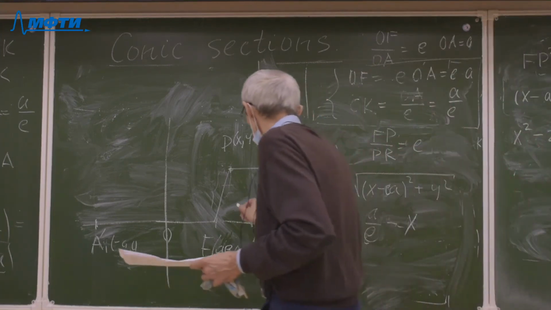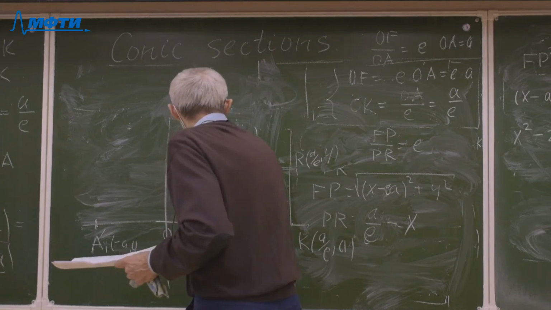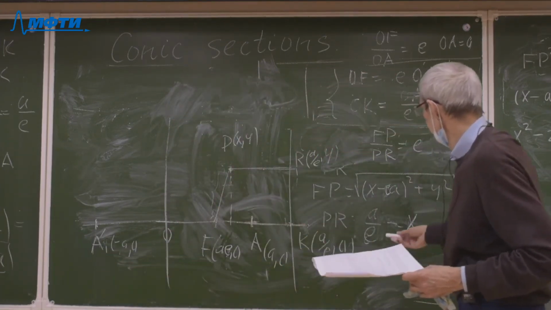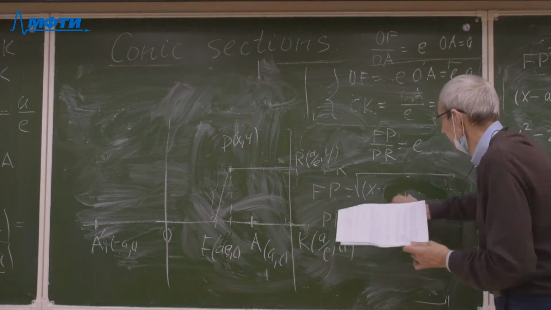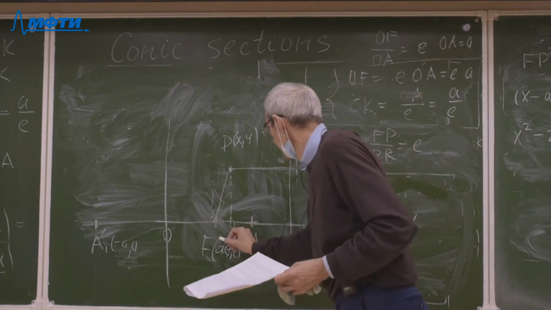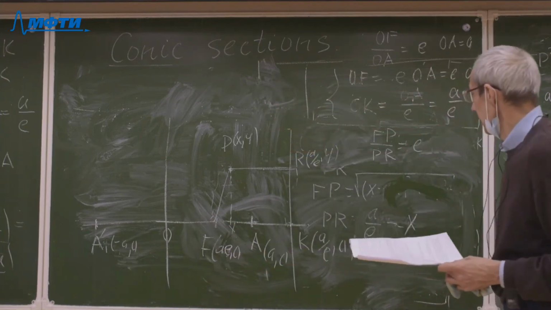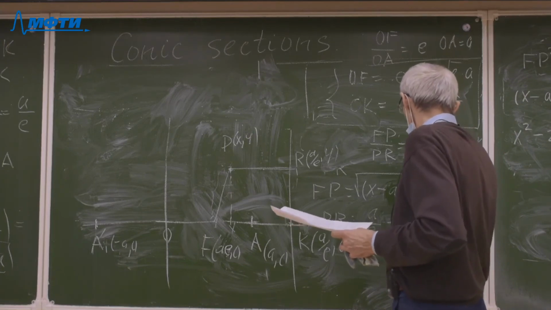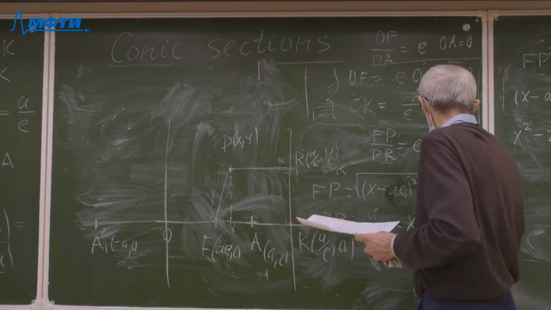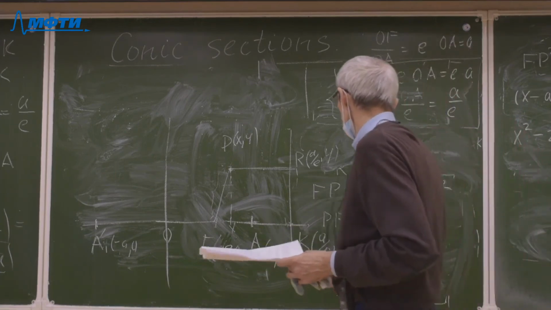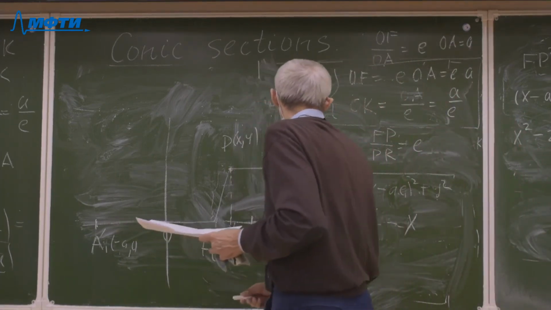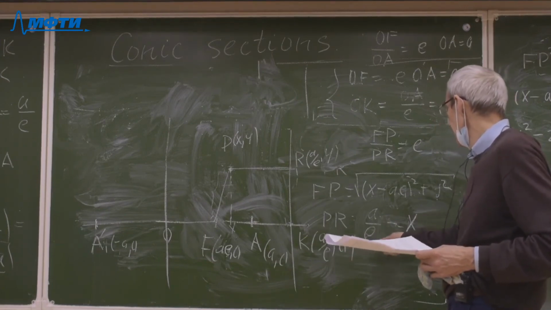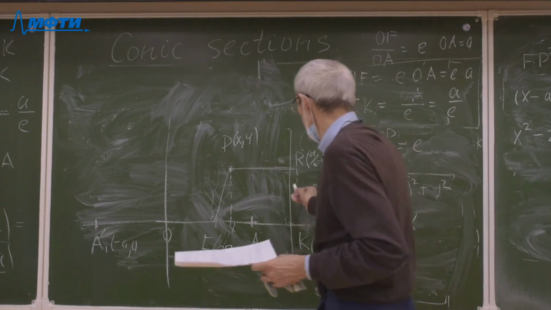And easy to see that FP is the square root of (x minus eA) square plus y square, and PR is equal to the ratio a over e minus x.